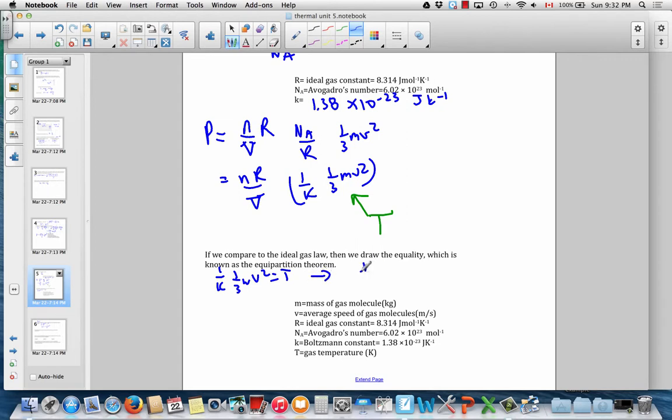That tells us that 1/3 mv squared is kT, Boltzmann's constant times the temperature, which we can rearrange and cross-multiply the 3 up, and then divide both sides by 2 to make it look like kinetic energy. So this tells us that the temperature of that ideal gas determines the kinetic energy of the ideal gas. 3/2 kT equals the kinetic energy.